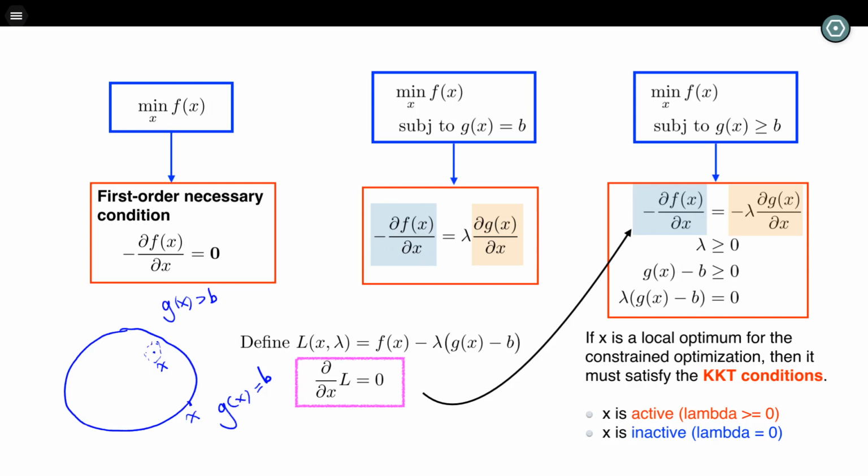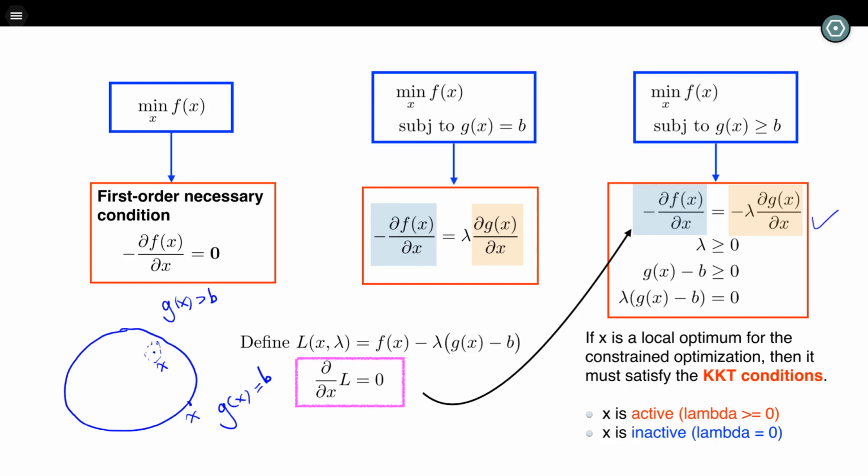Here, the left-hand side, which is shaded in light blue, is a direction that will minimize f. But for the right-hand side, let's assume right now lambda is strictly positive. So on the right-hand side, I do have a minus sign in front of it, and lambda has to be positive. And that represents a direction that will decrease g(x). And that's a forbidden direction, okay?